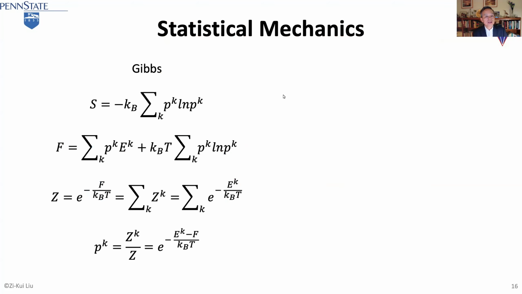So let's look at the Gibbs statistical mechanics. We have the entropy as the summation of the probability of each configuration. Then we get the Helmholtz energy, which is E_k, the total energy of each configuration, plus entropy. And then a partition function, then the probability of each configuration.